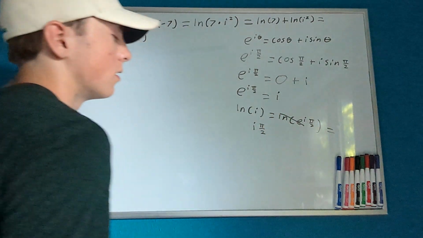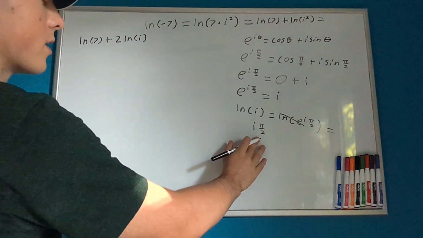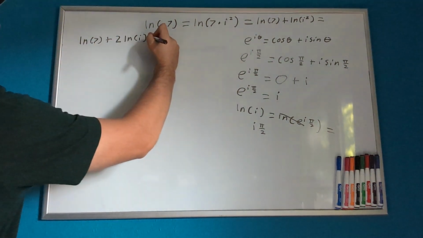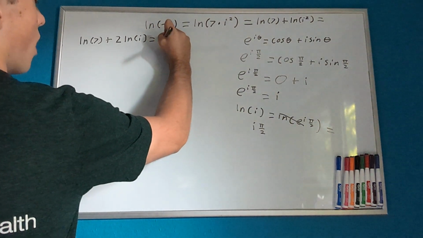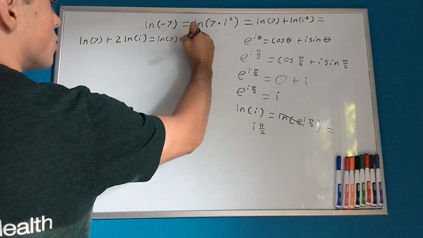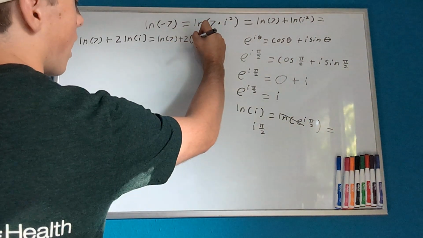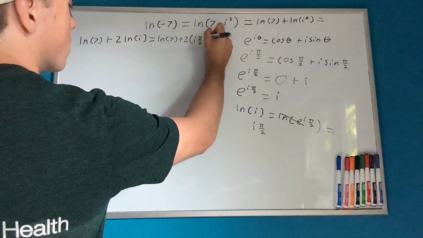Okay? So now that we just figured out what the natural logarithm of i is, we can come back up here and say that this equals the natural log of 7 plus 2 i pi over 2.